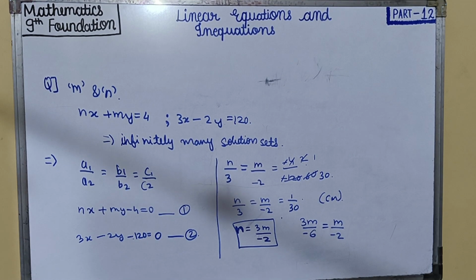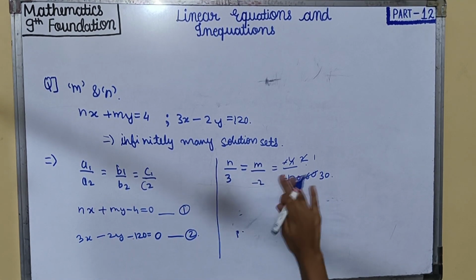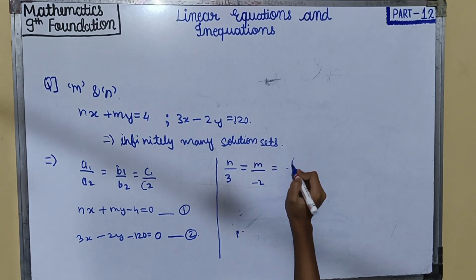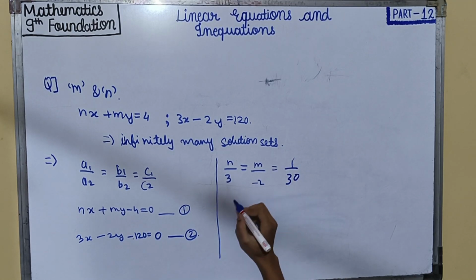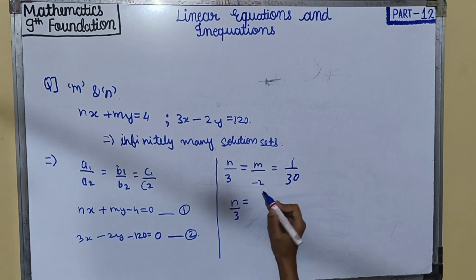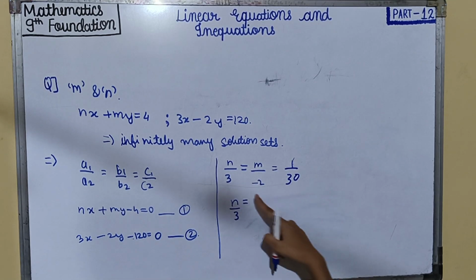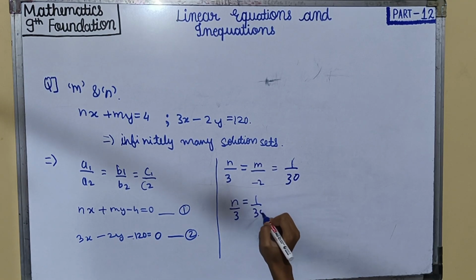So from here, we have written it in terms of m. So for finding the value in an easier way, as this all are equal, we will make n upon 3 equal to 1 upon 30.